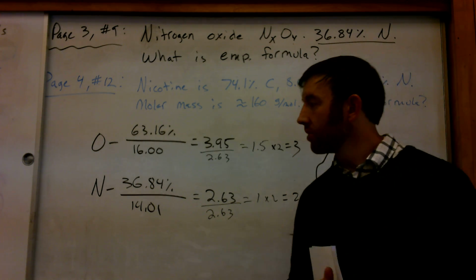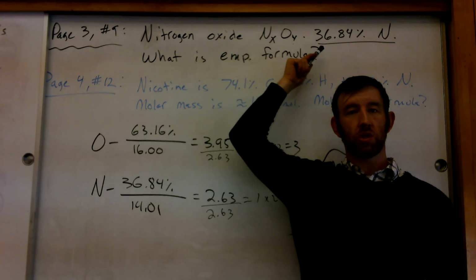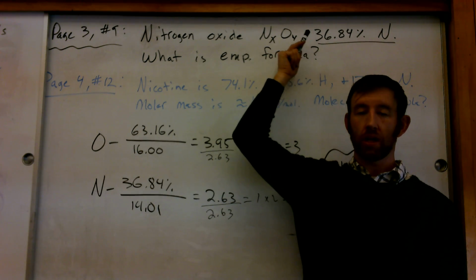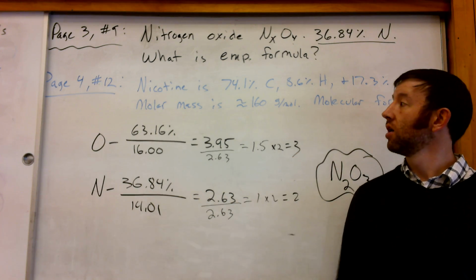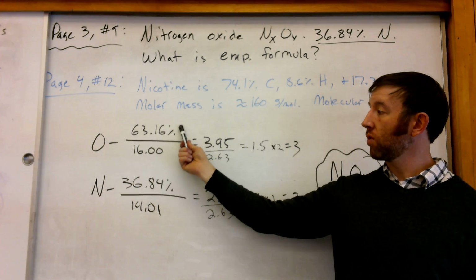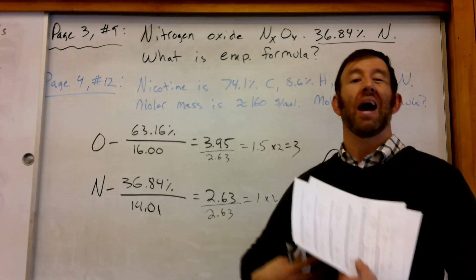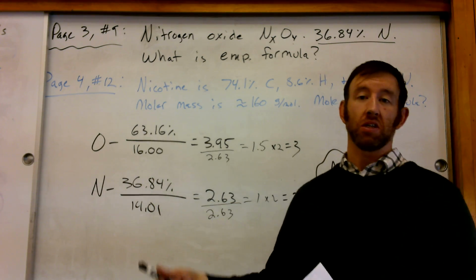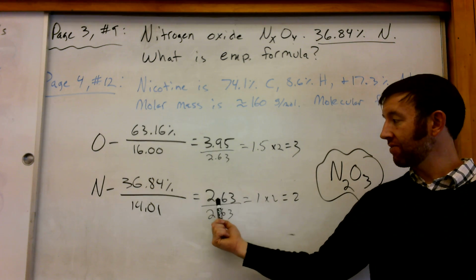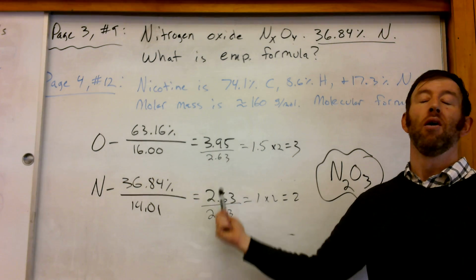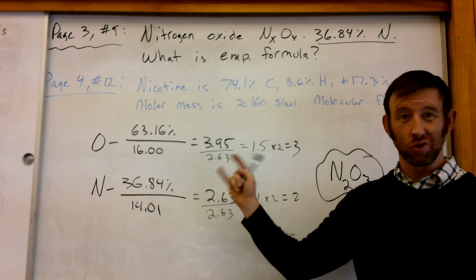So again, what did I have to do in this question? I start with my percent composition. In this case, I first had to get my percent for oxygen. That's why I did that little subtraction problem first. So I knew that I had 63.16% oxygen and 36.84% nitrogen. I wanted to get those out of mass equations, so I divide them both by their mass. That gave me these two numbers, 3.95 and 2.63. When I have those numbers, I actually have a ratio, but it's harder to spot in those goofy numbers.